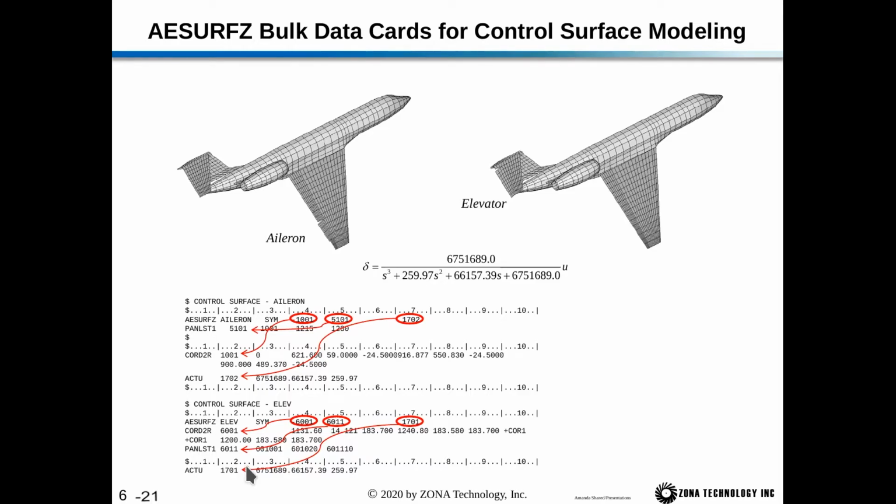So you are not allowed in the AEserv-Z card to refer to the same actuator card. If this was 1702 referring to this actuator, that would not be allowed because one actuator bulk data card is not allowed to be used by two different AEserv-Z cards.